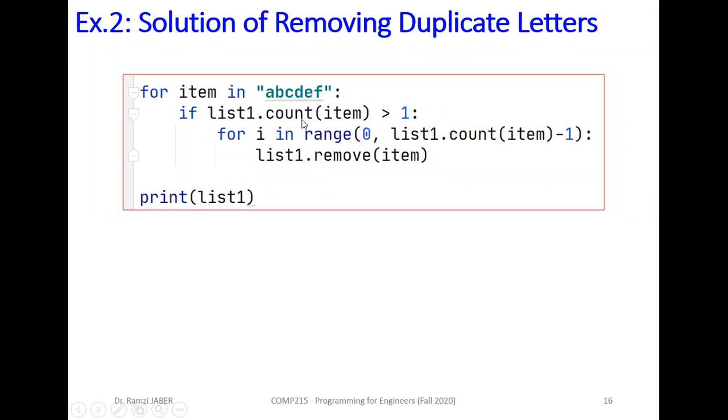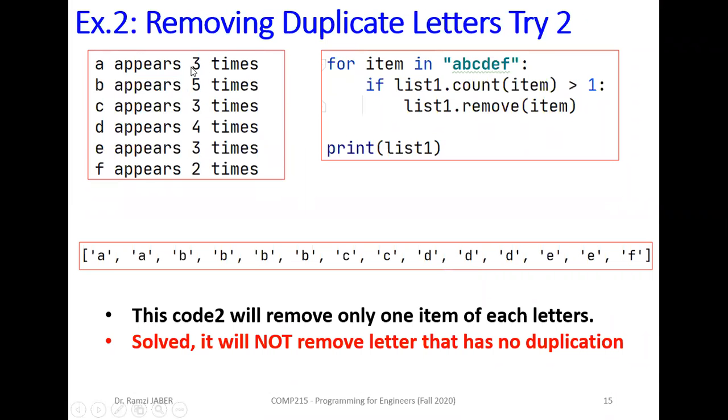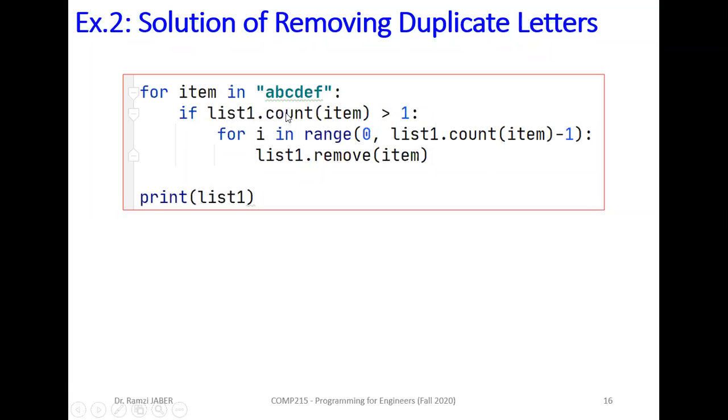So, an example here: A appears 3 times, and B 5. First item equals A. If list1.count A bigger than 1, it's true, equal to 3, it's true.